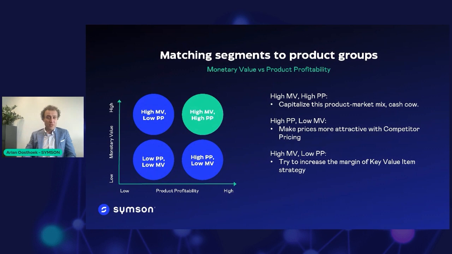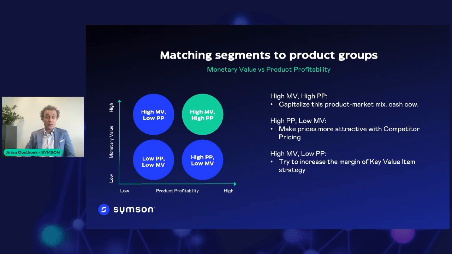Another tactic could be for the high monetary value but low product profitability. There a tactic could be to try to increase the margin, because we already have a lot of monetary value, so a lot of customers are buying these products. But how can we increase the margin of this quadrant? How can we, for example, promote more higher margin products to these accounts?